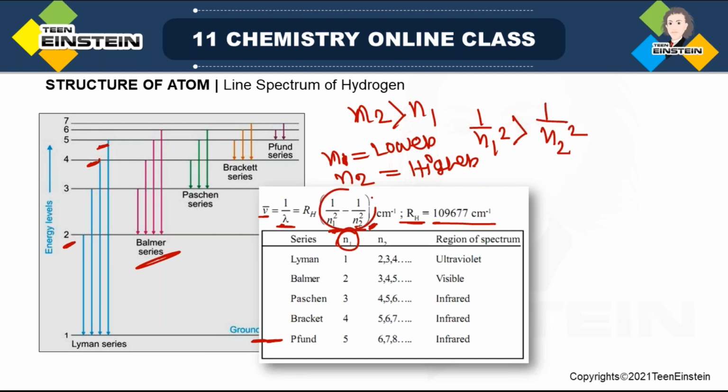That is why the total quantity within the bracket is always positive. But if you write 1 by n2 square first, it will be negative. So be very careful how you are representing the equation. If you write 1 by n1, where n1 is the lower level, then obviously this overall term will be positive.